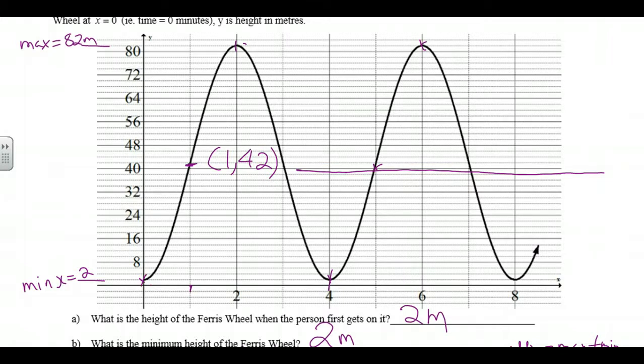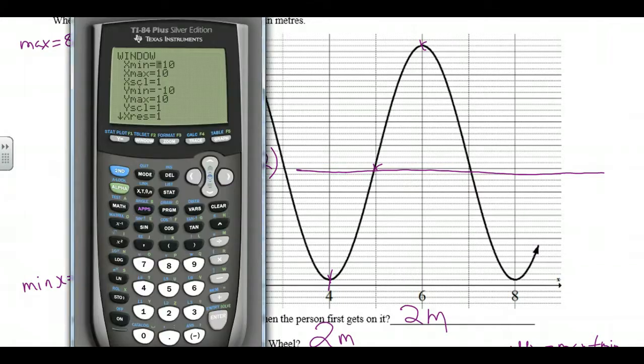I want my y's to go from -6 to 84 by 4s.